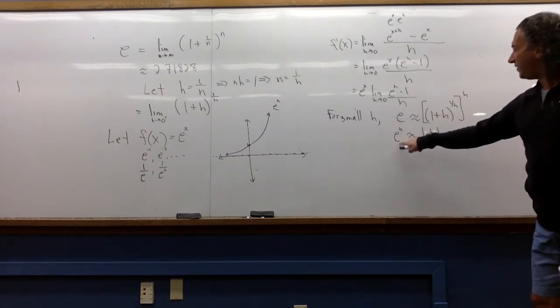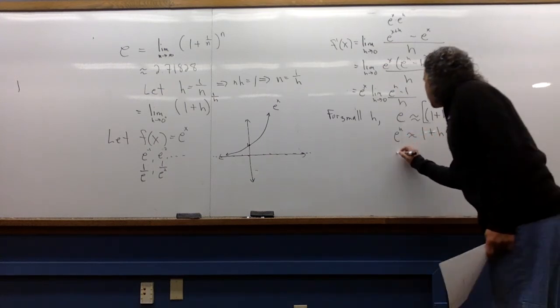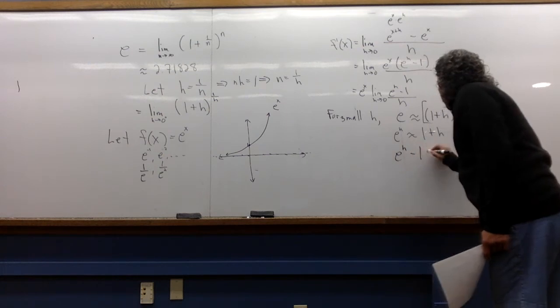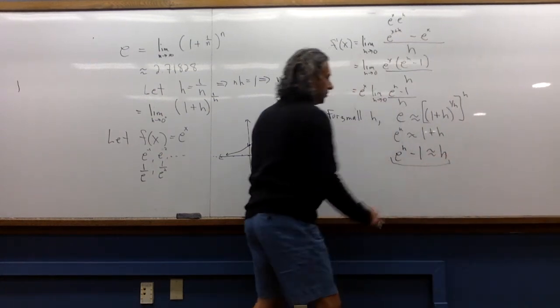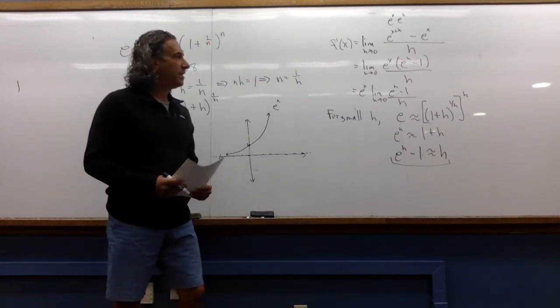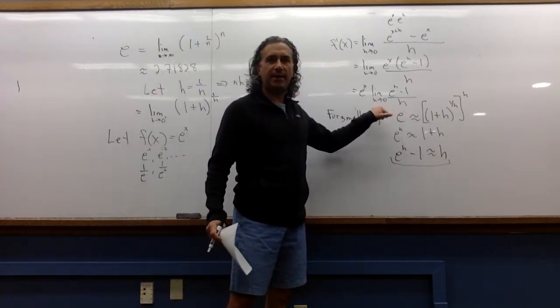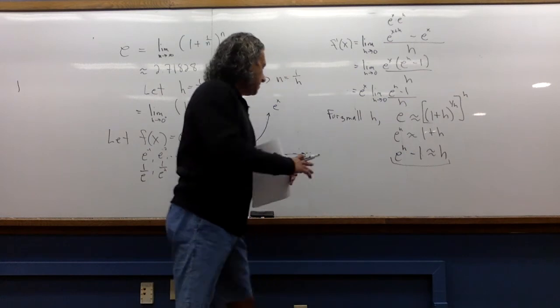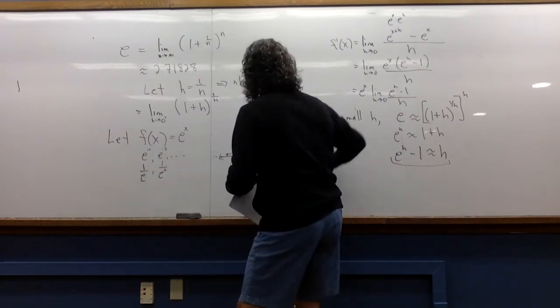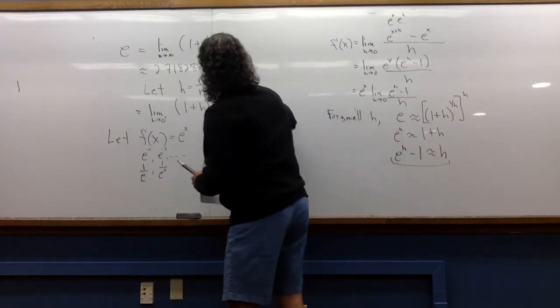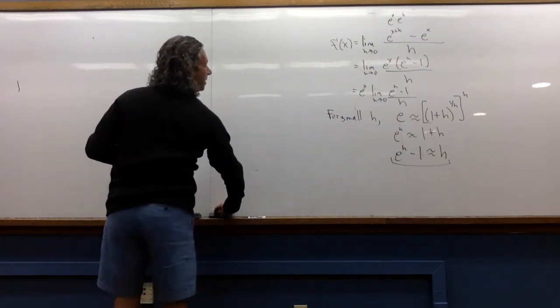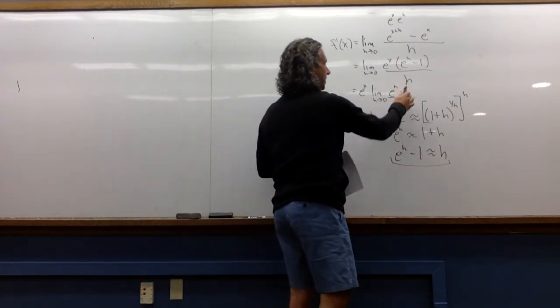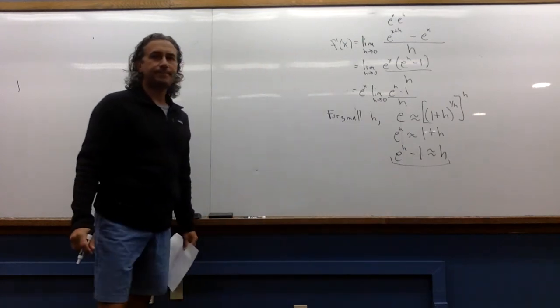Anyway, if e to the h is approximately 1 plus h, then e to the h minus 1 is approximately h. Okay, so we know that this is true if h is small, and I want to compute this limit. As I'm erasing this side of the board, see if you can then figure out what the limit as h goes to 0 of e to the h minus 1 over h is.